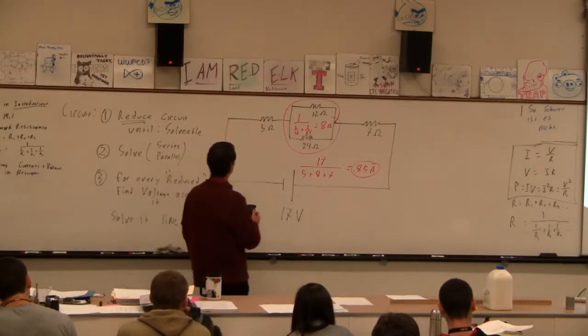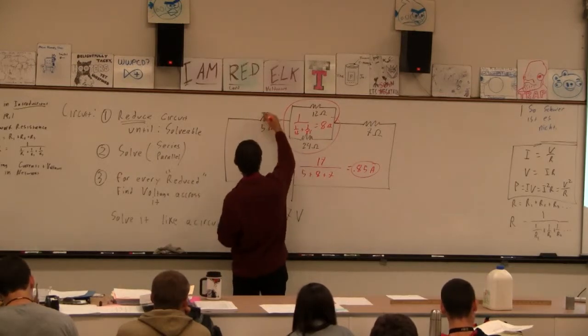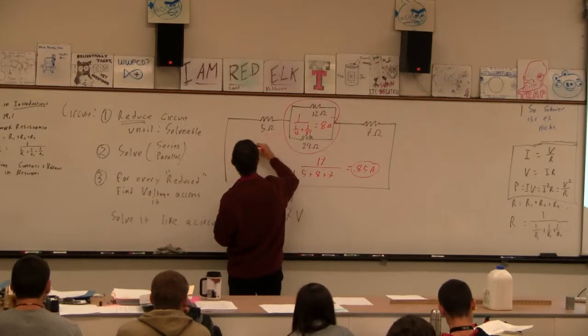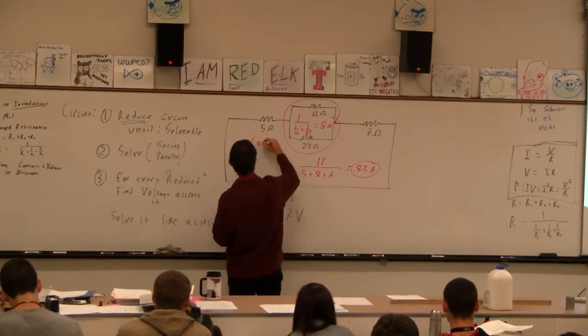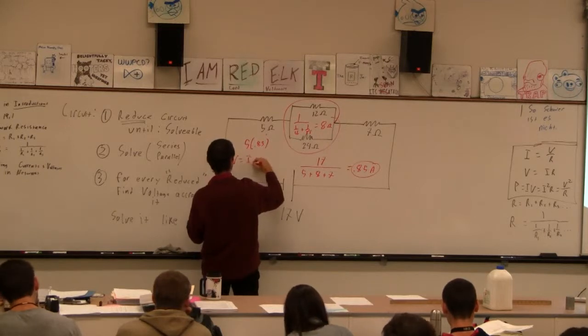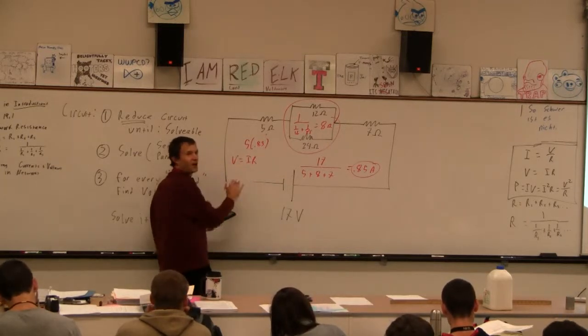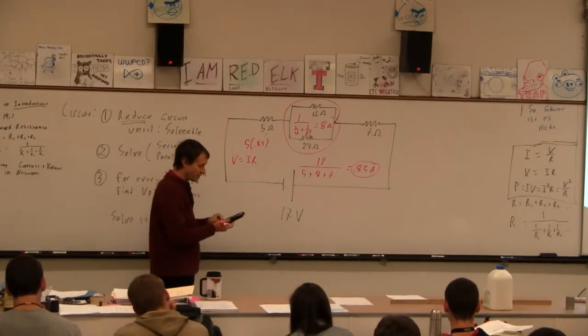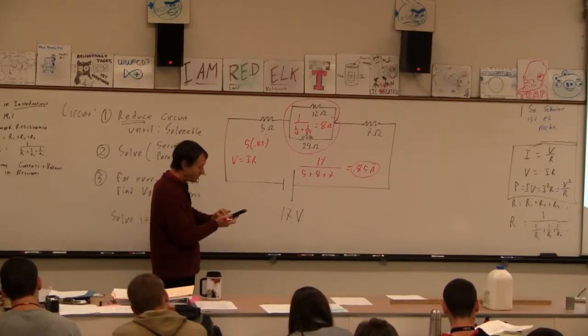Let's suppose there was a voltmeter across this one here. The voltage across this one would be 5 times 0.85. The voltage is IR. I already showed you that, but I think I should put it up there again. So it's 0.85 times 5.